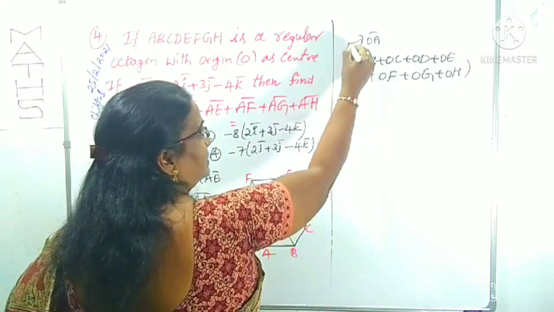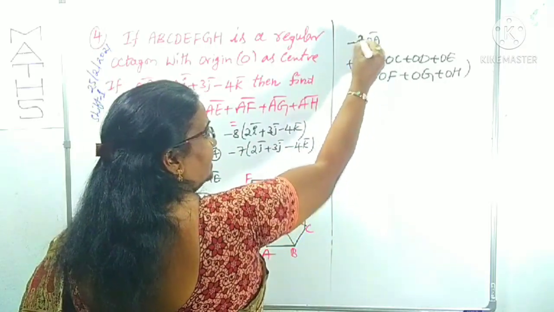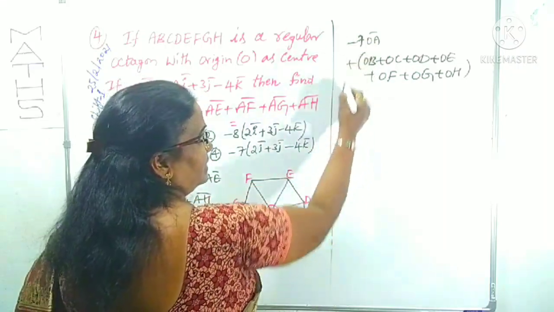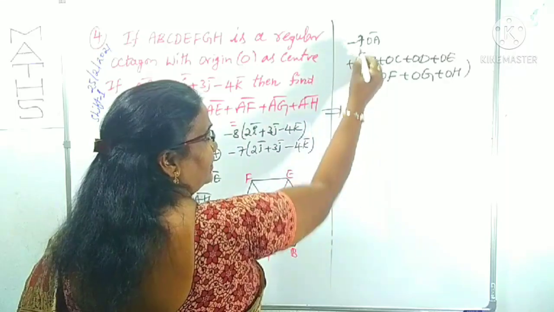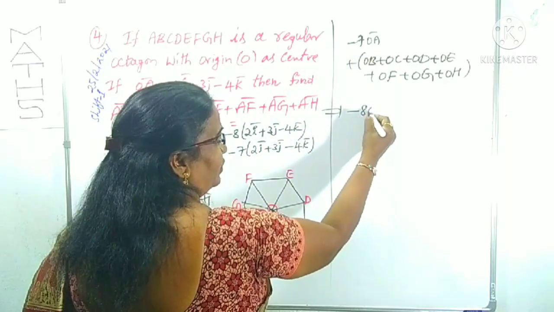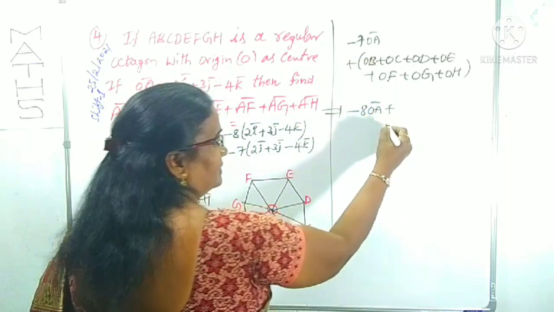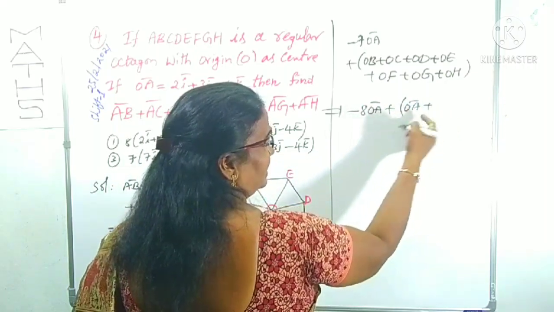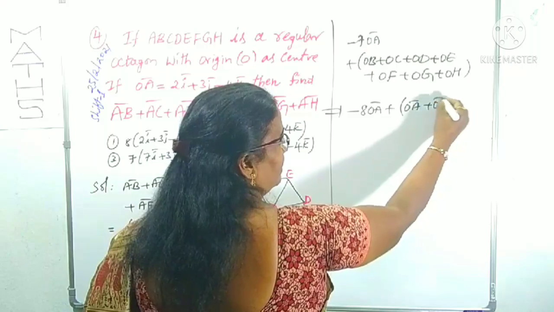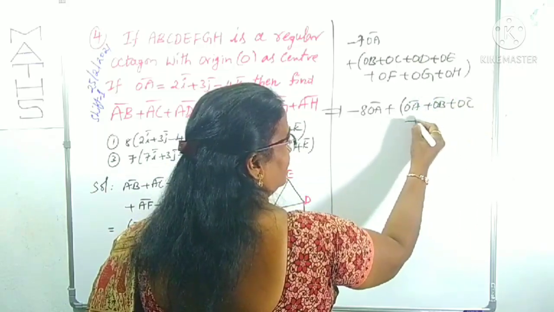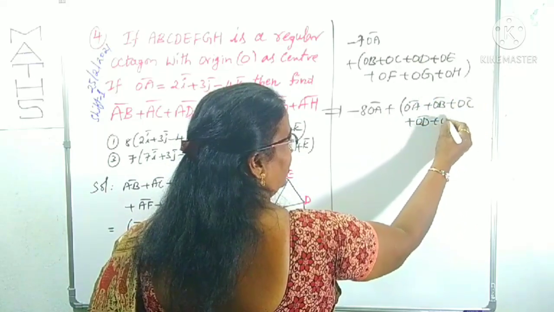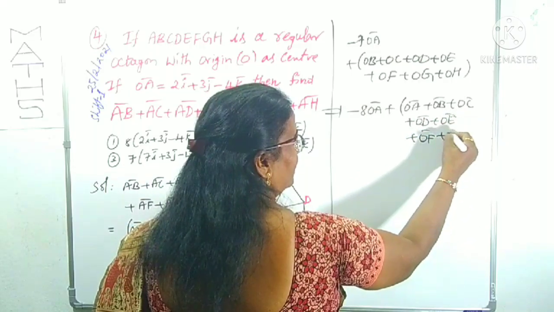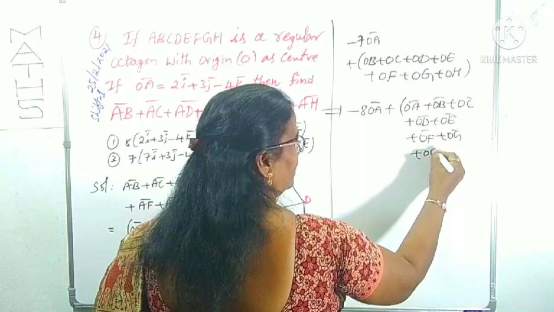That's why I am fulfilling that OA by adding and subtracting OA. Subtracting OA, together with the minus 7 OA, becomes minus 8 OA, plus OA plus OB plus OC plus OD, OE, OF, OG, OH.